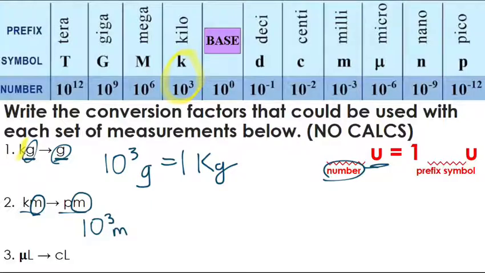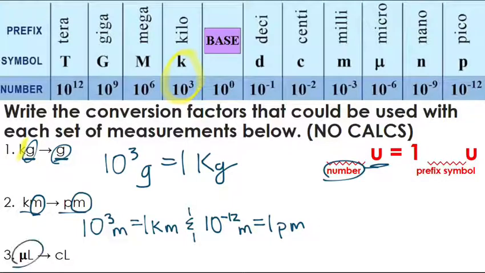Our unit this time is just meters in 1 kilometer. And then pico's number is 10 to the negative 12th. And we're still going to put that same unit, meters, in 1 picometer. So those conversions, this and that, are the two that we're going to need.